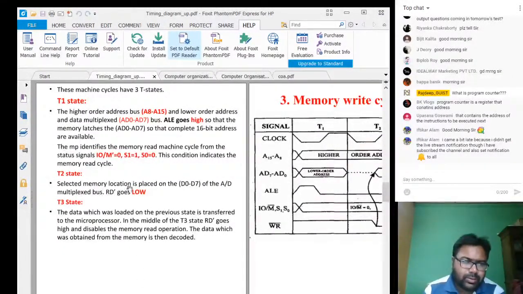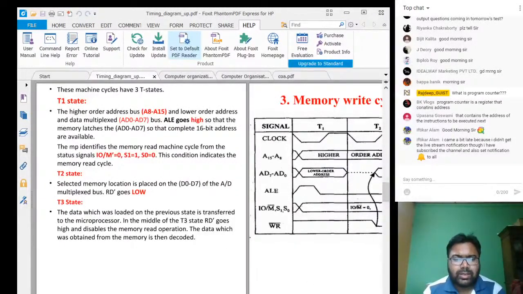The selected memory location is placed on D0 to D7 of the AD multiplexed bus. RD complement goes low. In the T3 state, the data which was loaded in the previous state is transferred to the microprocessor. In the middle of the T3 state, RD complement goes high and disables the memory read operation. The data which was obtained from memory is then decoded.